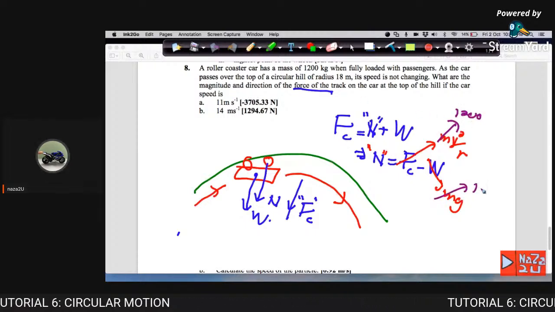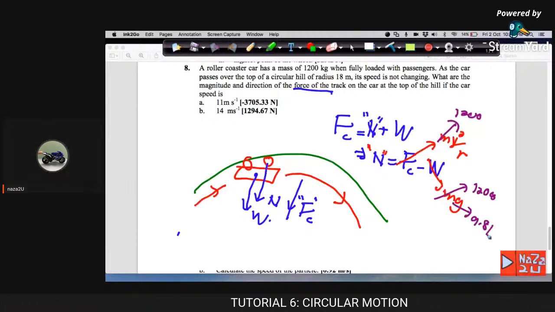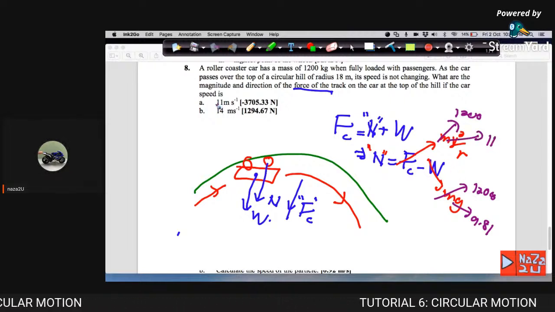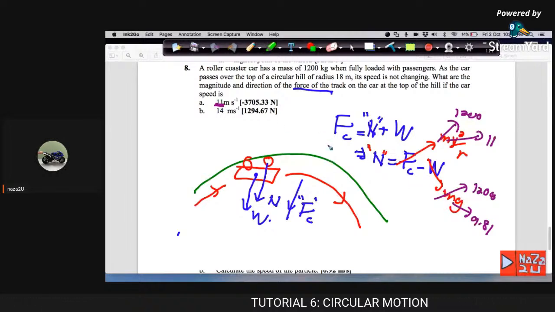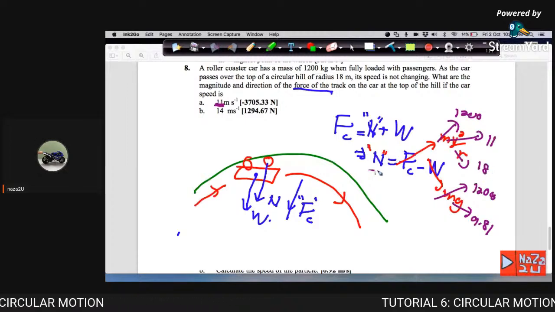This is for the m, right? And the g is constant 9.81. And the speed, the first one, is 11 meter per second, right? And the radius r is 18, right?